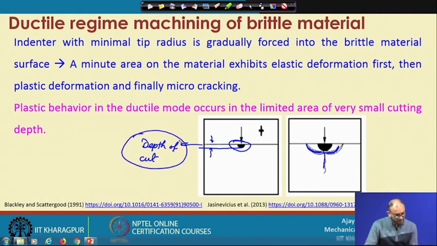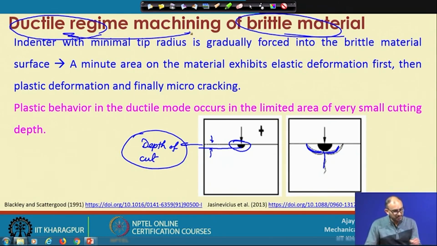correct. So, if we work within the depth of cut, then we can cut a brittle material in the form of ductile machining. That is why it is called ductile regime machining of a brittle material. We are not going into the brittle mode, we are restricting ourselves within the ductile regime only.